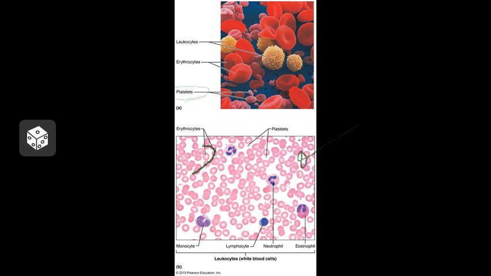The most abundant are erythrocytes. The ones that are a little larger and have staining nuclei are white blood cells, and then these little teeny tiny things that look like pieces of trash, those are the platelets. We'll talk about each one of these as we go.